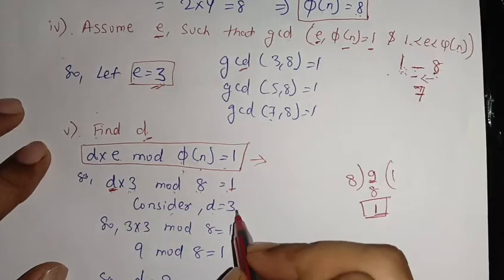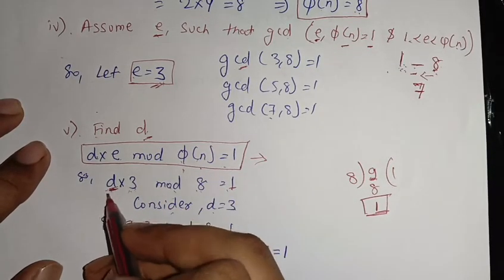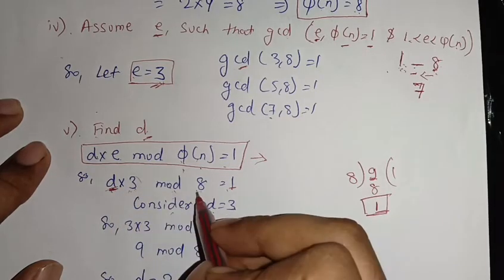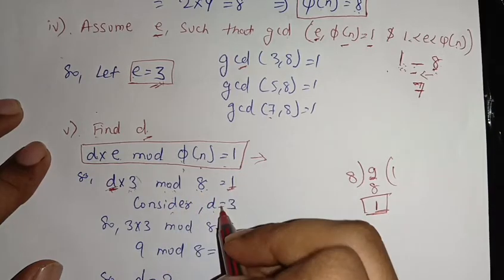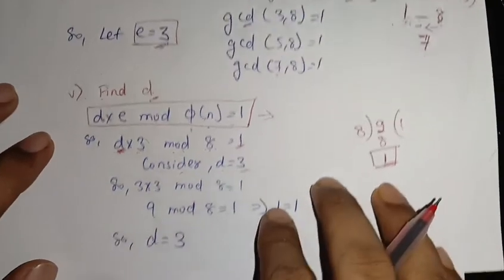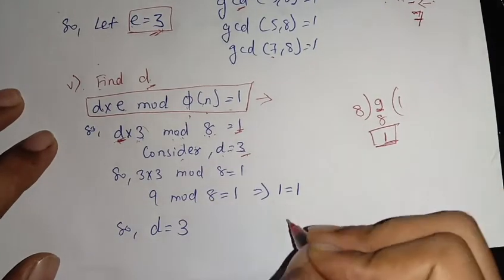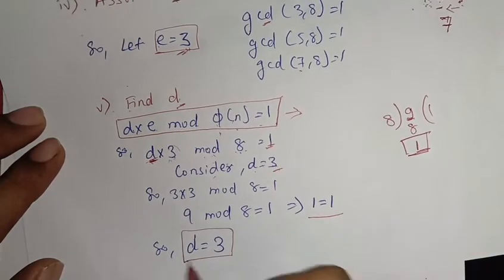So consider d is equal to 3. It is simple math. When we put the value of d as 3, then it will be 9, and when we apply mod 8, it will be 1. So 3 into 3 mod 8 is equal to 1, 9 mod 8 is equal to 1. That's why we have selected our value of d as 3.